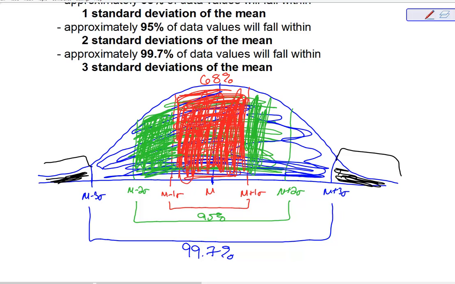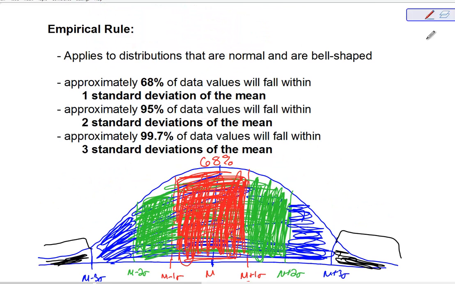So the red and the green accounts for 95% of the data. We go out a third standard deviation, and that's going to give me 99.7. A lot of times this empirical rule, you'll also see it written as the 68, 95, 99.7 rule.